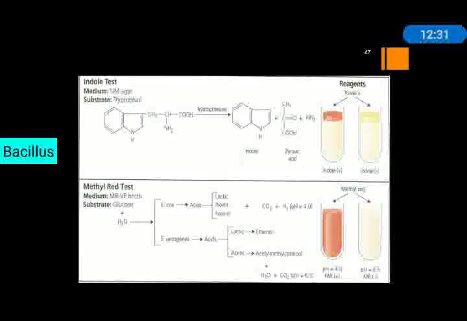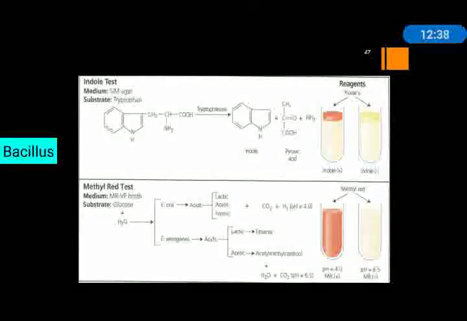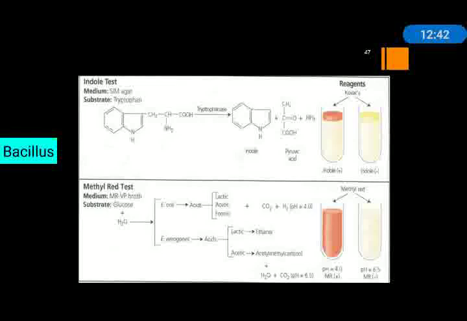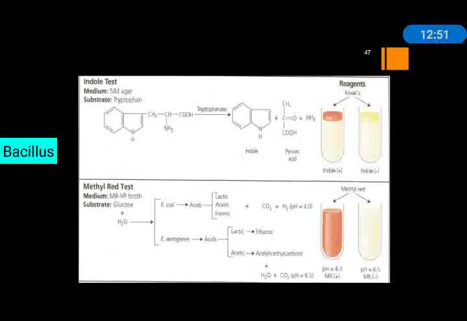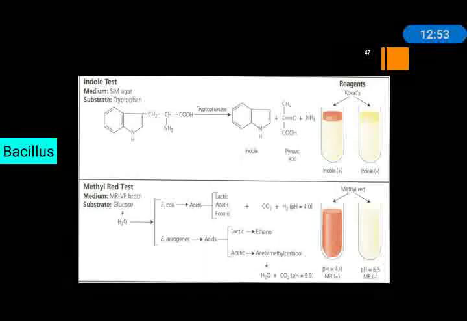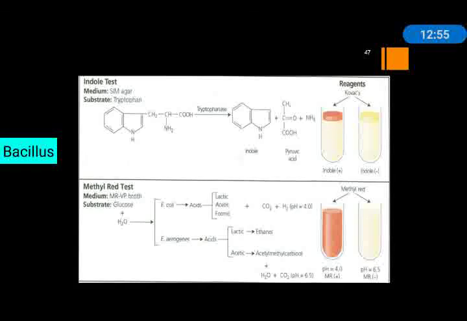Lactic acid forms ethanol, and acetic acid forms acetyl methyl carbinol and H2O with gas, and its pH is 6.5. With methyl red, you can see the low pH as a stable red color, but in a high pH you can't see this red color. So E. coli gives a positive result in the methyl red test.